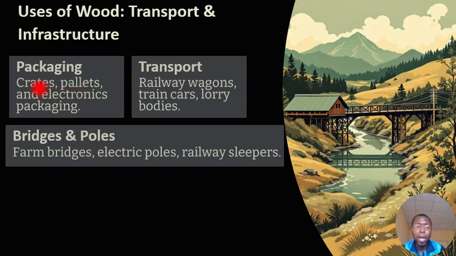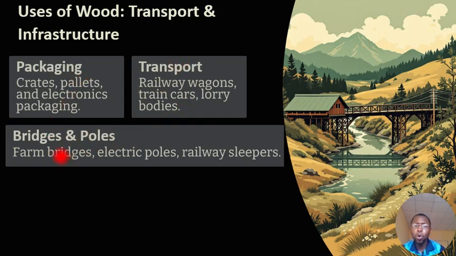So we use wood to make crates, pallets, even some electronic packaging. Then we also use wood in railway wagons, in train cars, in lorry bodies. Some lorry bodies are made up of wood. And then lastly, this is under transport and this is under packaging.